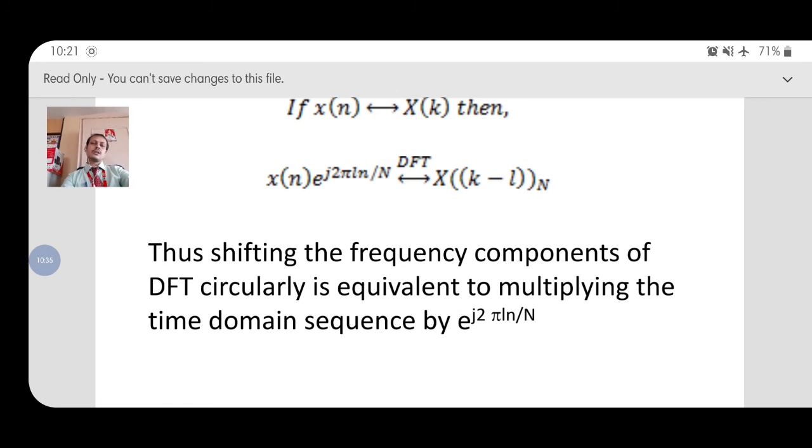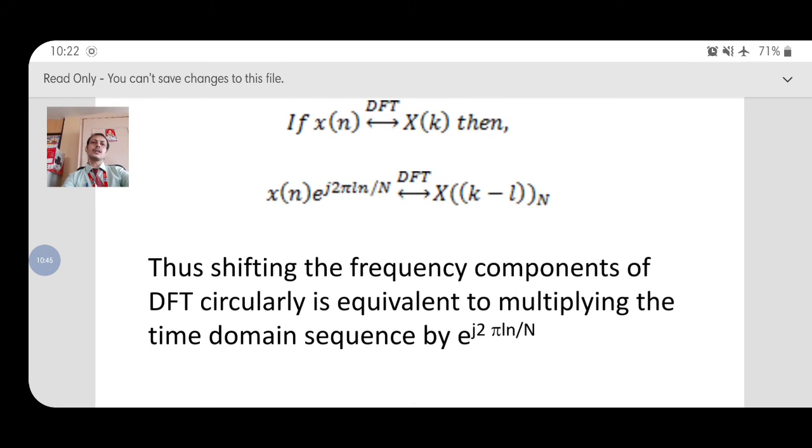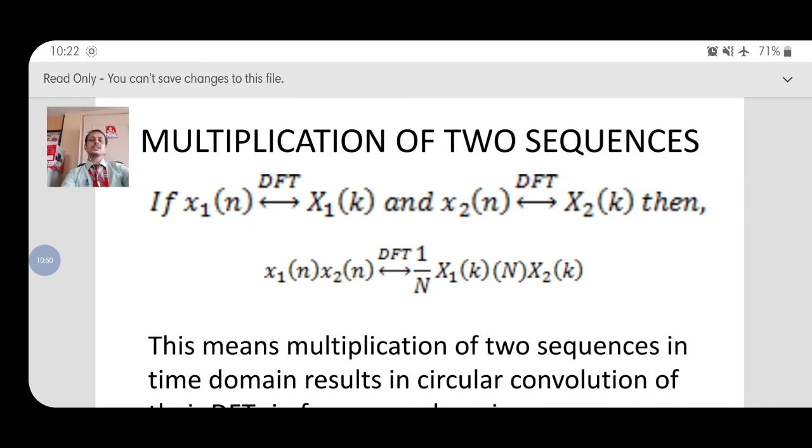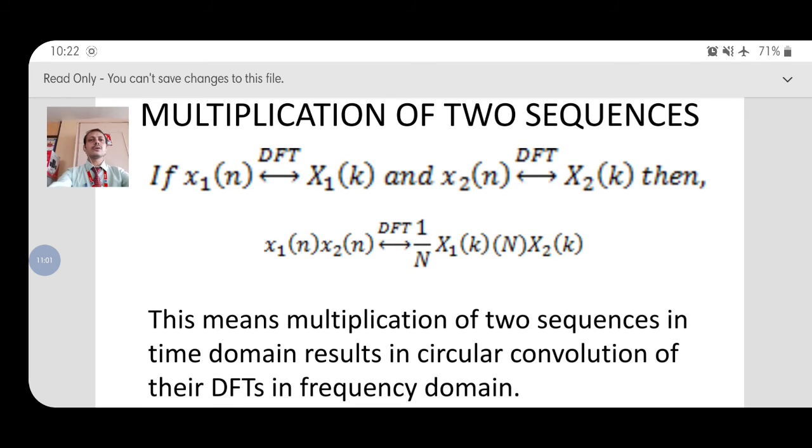Thus shifting the frequency components of the DFT circularly is equivalent to multiplying the time domain signal by e power j2 pi ln by capital N. And then multiplication of two sequences. The property states that the multiplication of two sequences in the time domain is equivalent to the circular convolution of their DFTs.